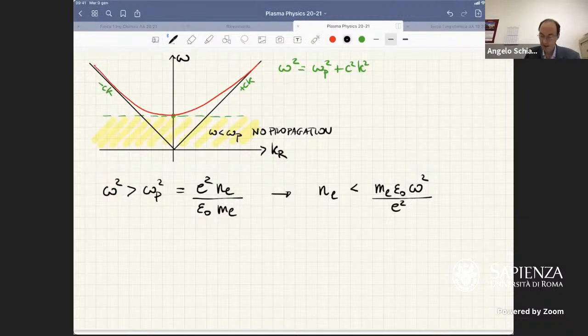Okay, and this term here is called the critical density. So n critical, this is called the critical density.